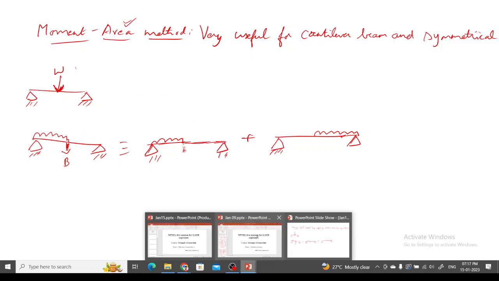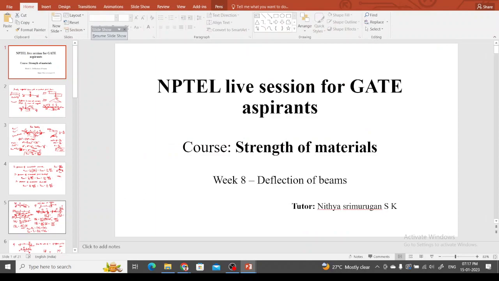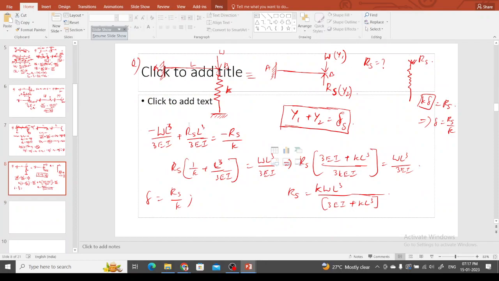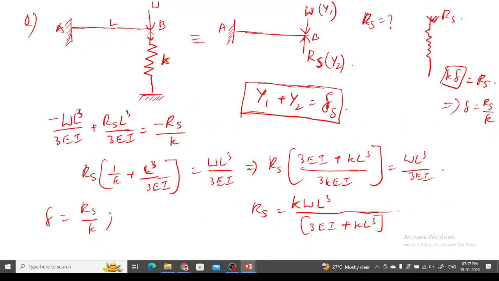We split each thing in terms of its individual relationship, where we explicitly know the value of the deflection of beams due to a single point load. Based on those, you can easily find out the deflection of beams for these kinds of complicated cases.